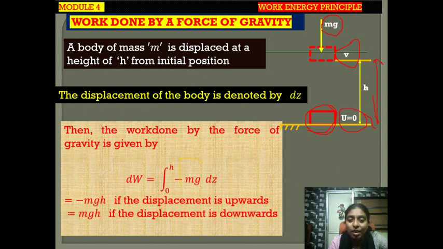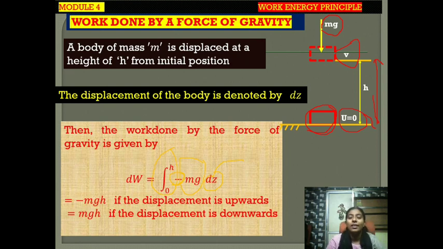It is moved from ground level to height h, so the integration is taken from 0 to h, with small displacement dz. We integrate and get the work done, and the minus sign indicates that the movement is upwards.